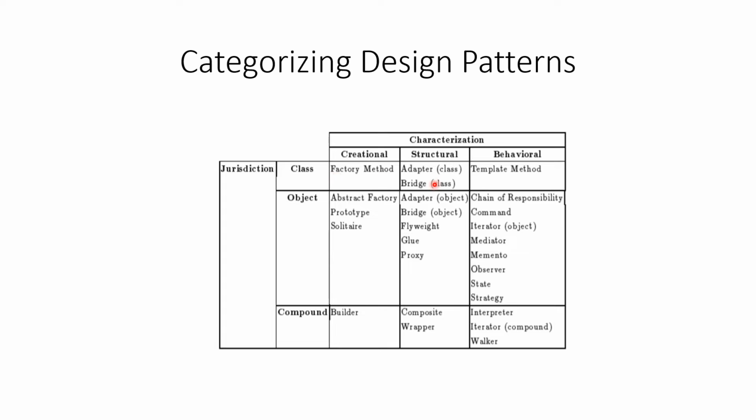Next one, class structural. In this class structure, the behavioral class pattern captures the cooperation of subclasses to fulfill the semantics. Template method is a simple and well-known behavioral class pattern.